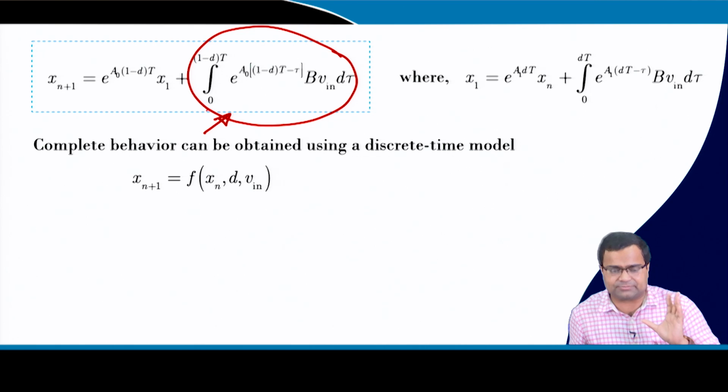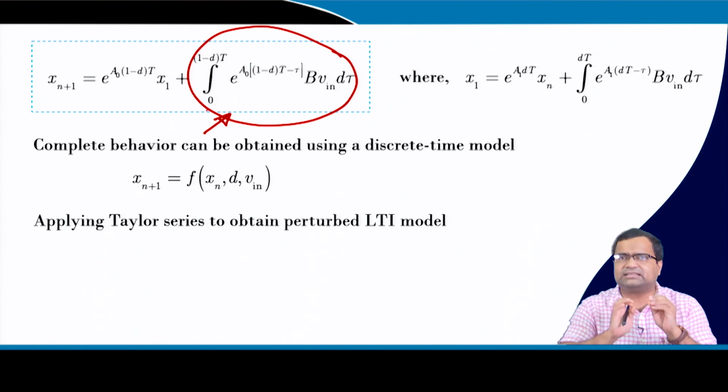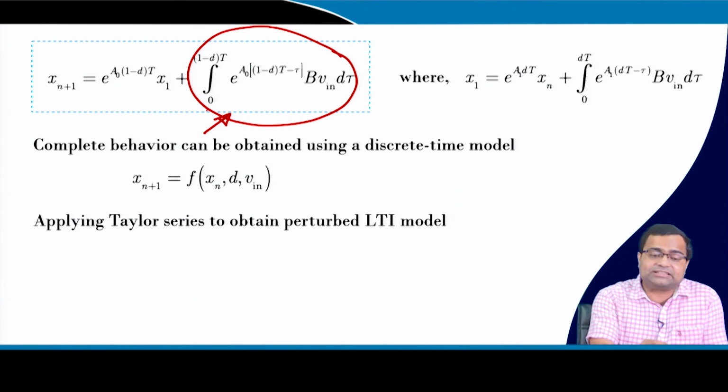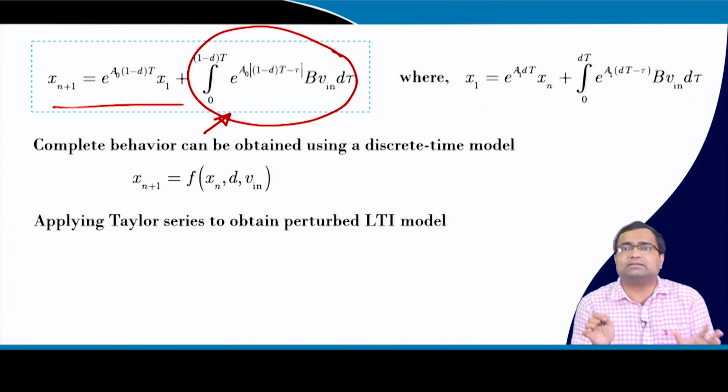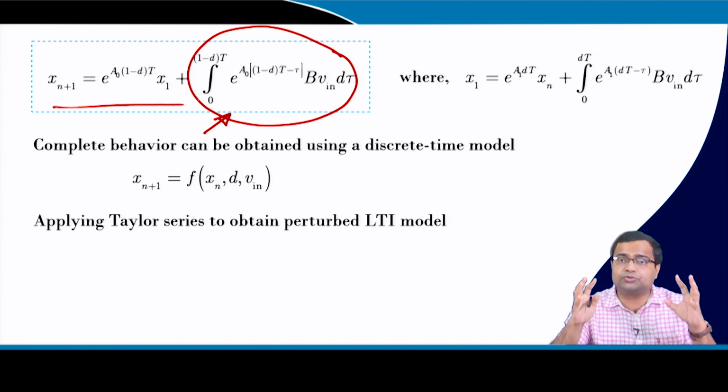But for the time being, just for introduction, the discrete time model can be derived and this can accurately capture all kinds of stability. But as you can see, this is a mathematically complex system model. So, you should use it only when you want to investigate such kind of instability.